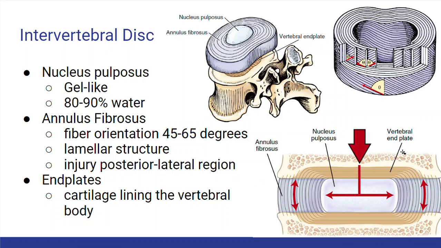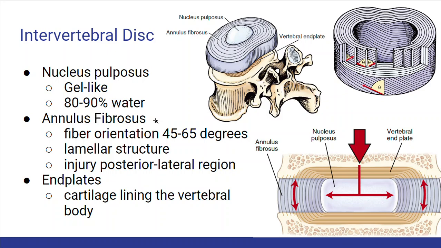So let's look at that disc. We have three features of the disc. Sometimes some books will only talk about two, but there are three. We have the nucleus pulposus, which is gel-like and about 90% water. The annulus fibrosus, which is kind of a ligamentous structure encasing the nucleus pulposus.